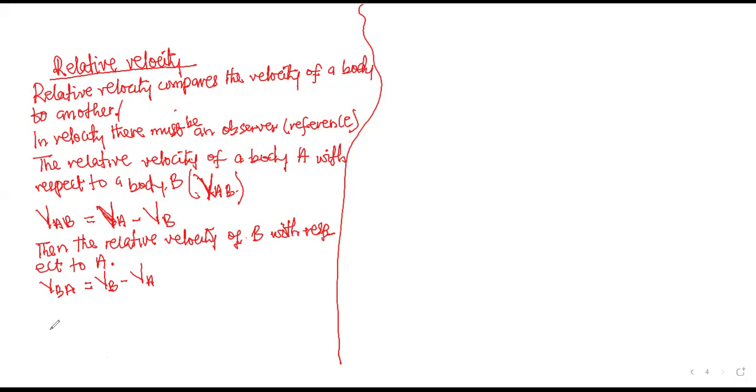This same thing is also termed as, if it's the relative velocity of a body A with respect to B, then it is the sum of the velocity of A and the negative velocity of B. And V of B with respect to A is also equal to the sum of the velocity of B and the negative velocity of A. It becomes this because negative times positive is negative.